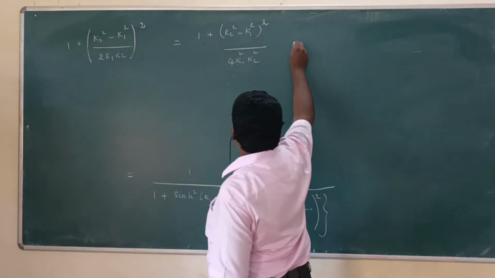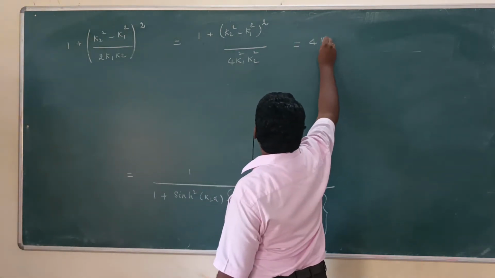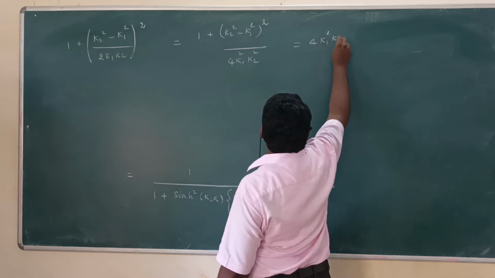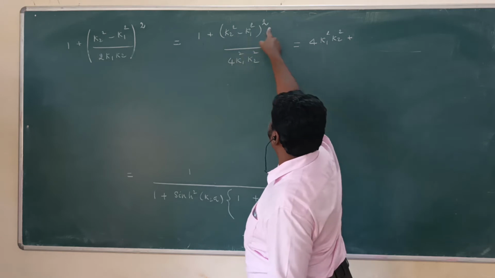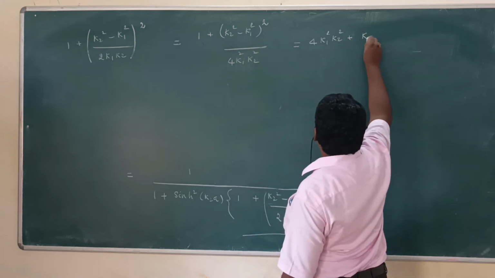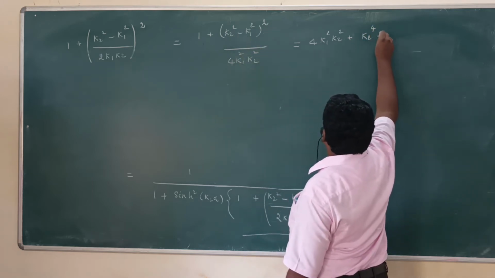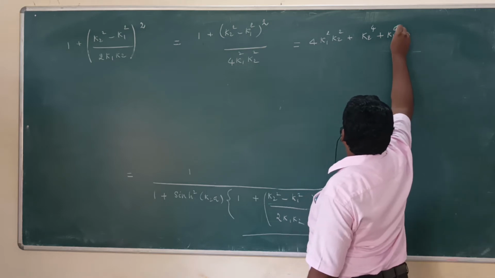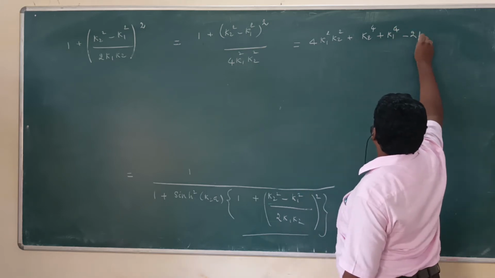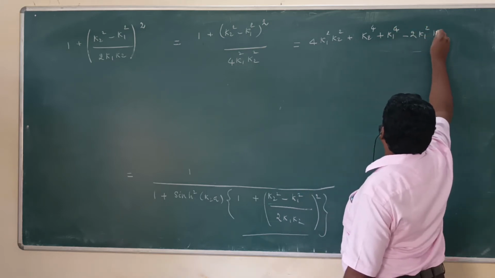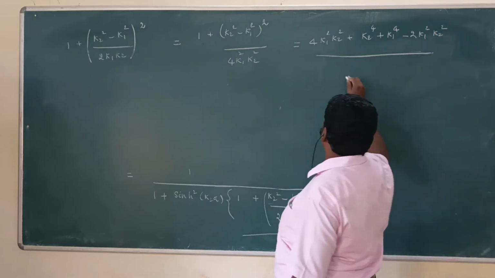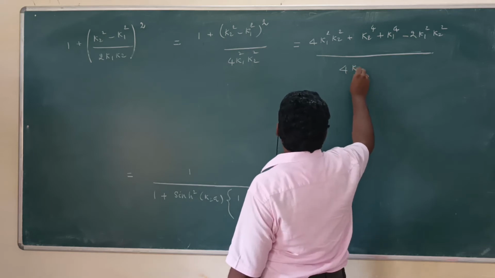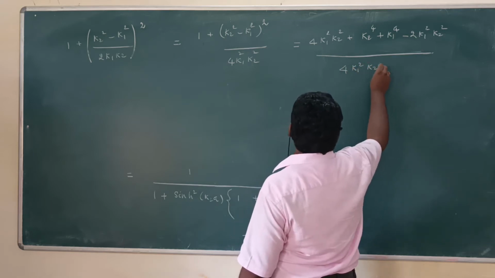This is equal to 4 k1 square k2 square plus, applying the (a minus b) whole square formula, k2 power 4 plus k1 power 4 minus 2 k1 square k2 square, all divided by 4 k1 square k2 square.